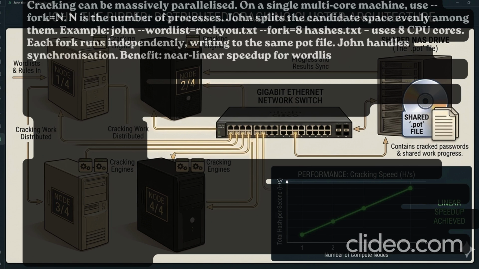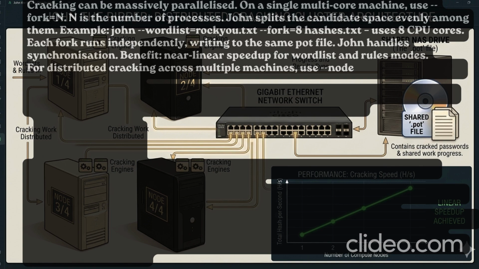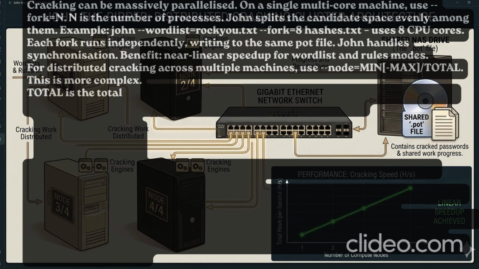For distributed cracking across multiple machines, use --node=min-max/total. This is more complex. Total is the number of nodes. Min-max is the range of the key space partition this node handles.